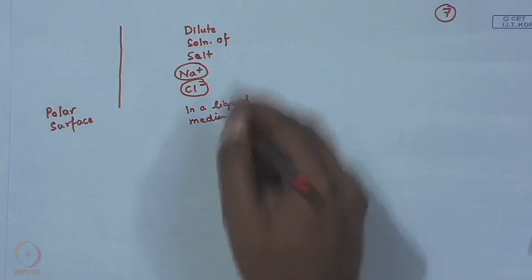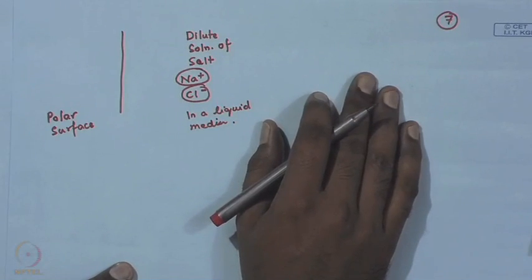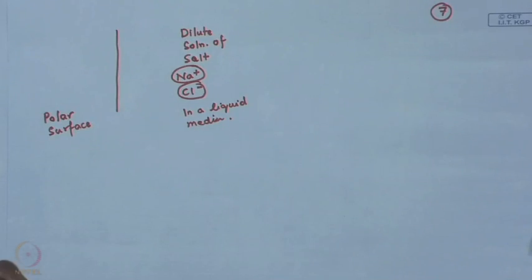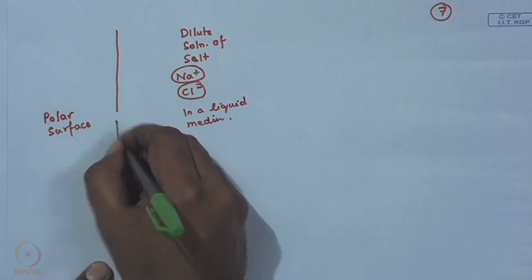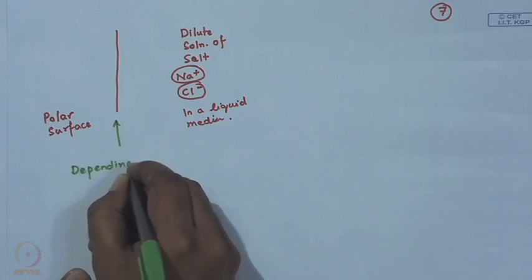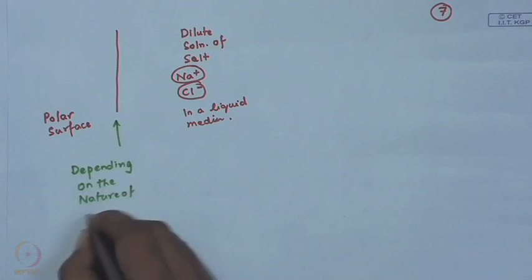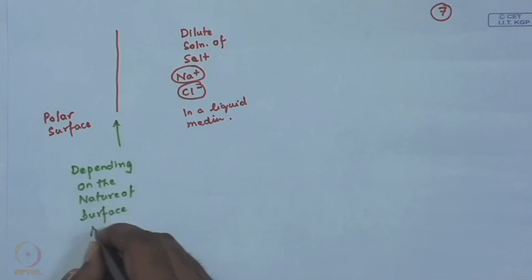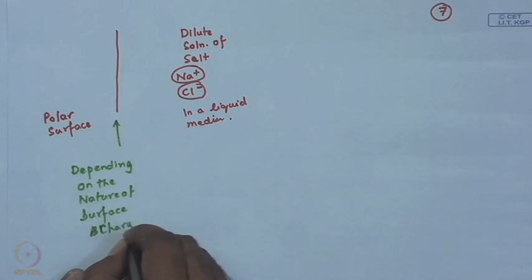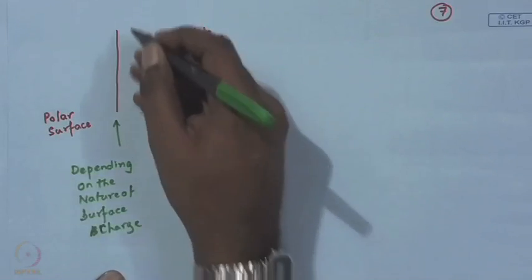So, what is going to happen? Ideally, in this liquid medium, the concentration of the ions is uniformly distributed. But close to the polar surface, depending on the nature of the surface charge, if it is a positively charged surface, the chloride ions will accumulate close to the surface.